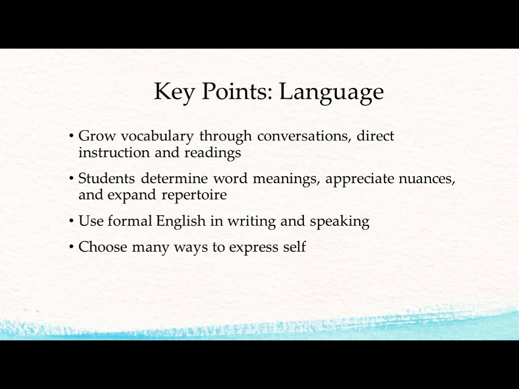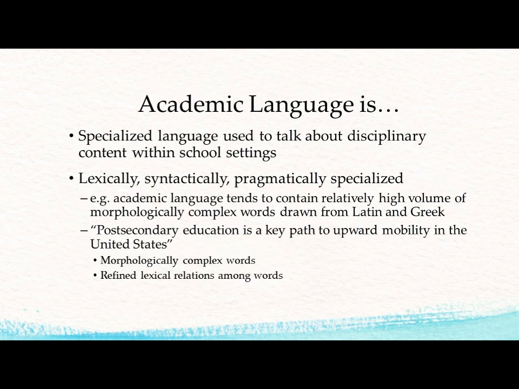Thinking further about language, let's think about academic language. As we work on language skills in the school setting, we should focus on academic language, which is specialized language used to talk about disciplinary content within the school setting. Academic language is lexically, syntactically, and pragmatically specialized and tends to contain a relatively high volume of morphologically complex words drawn from Latin and Greek.